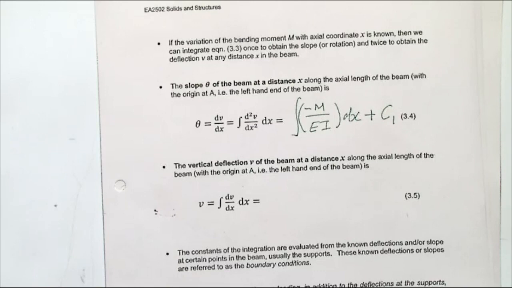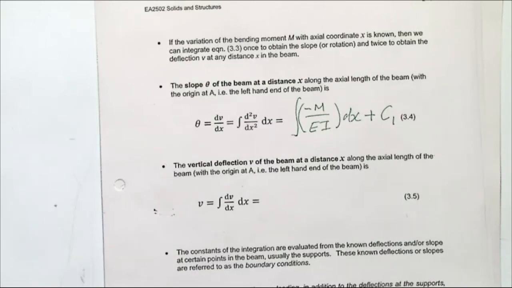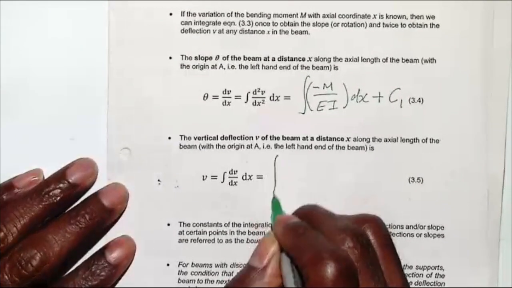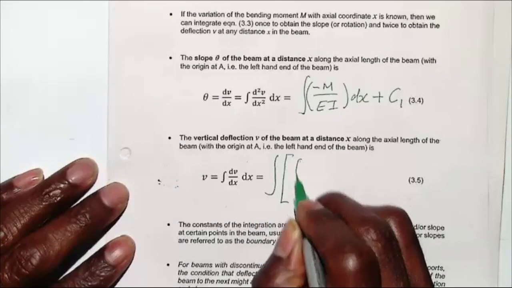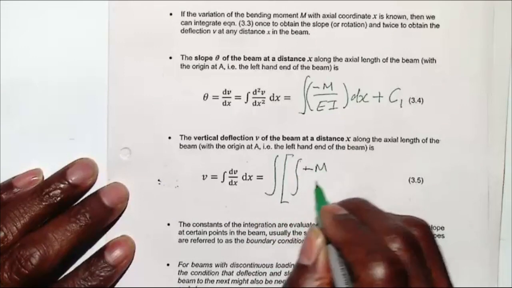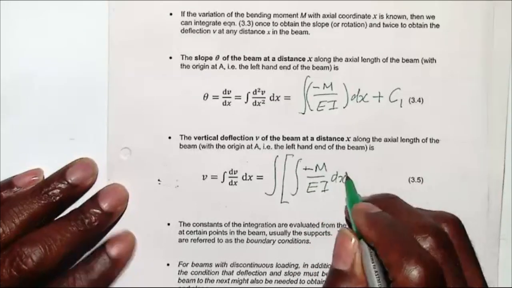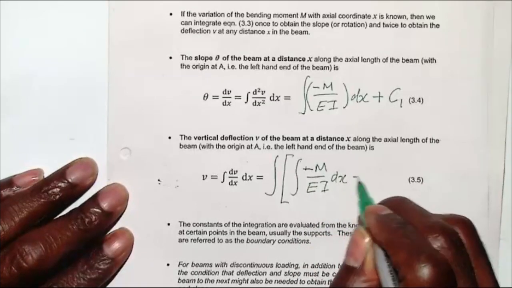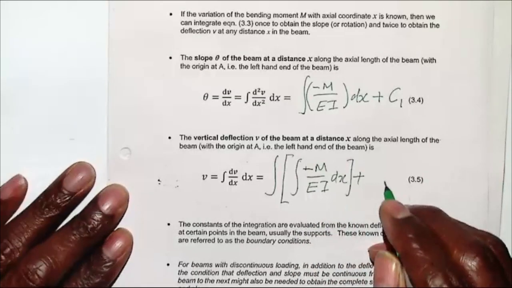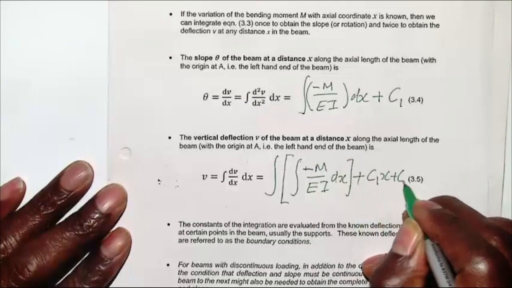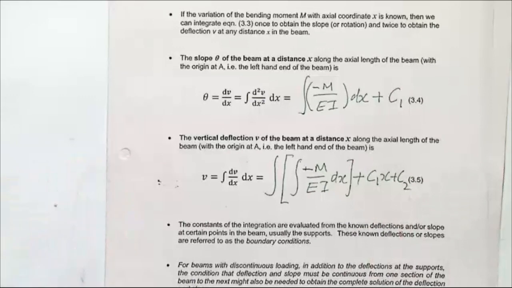Now I want to do the second integration, so I will integrate this again. I will have the integral of minus M all over EI dx, plus C1x plus C2, because we are doing it the second time.